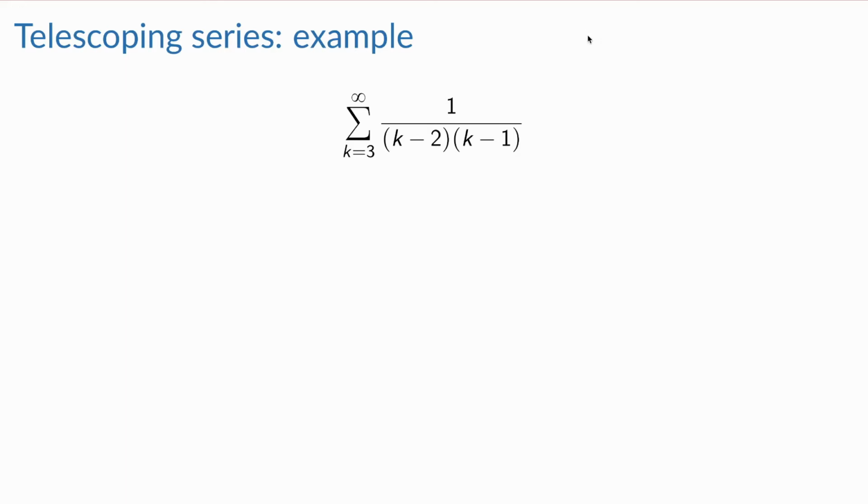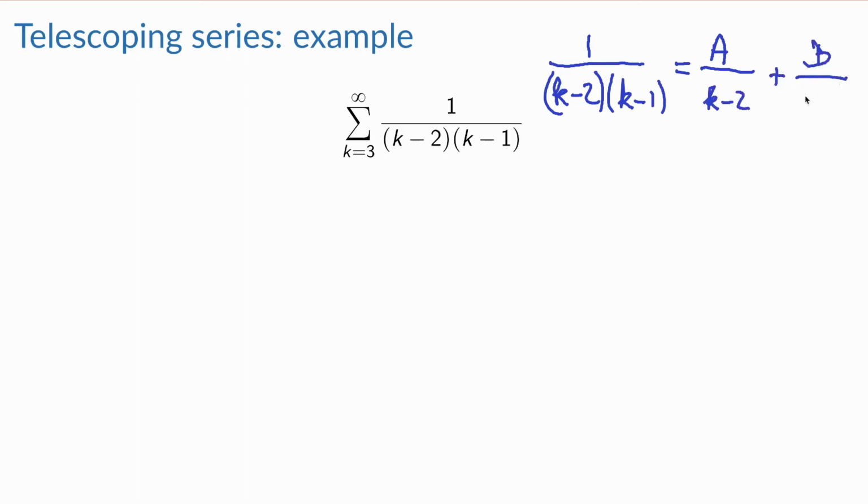So the trick is you write 1 over k minus 2 times k minus 1 as some constant to be determined over k minus 2 plus another constant to be determined over k minus 1.